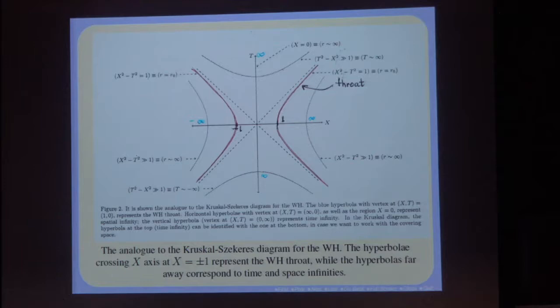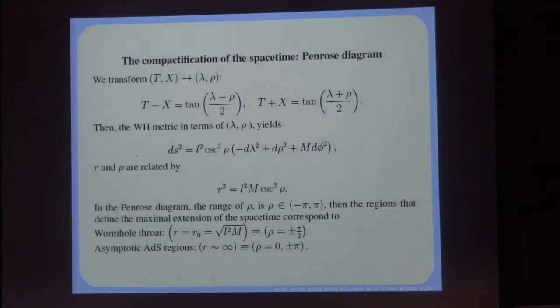This diagram is also the basis to construct the Penrose diagram, that is the compactification of the whole space-time. So taking this T and capital T and X, this is the process of compactification: to change some coordinates that go to infinity into coordinates that are located in a finite strip, like in this case the inverse tangent.